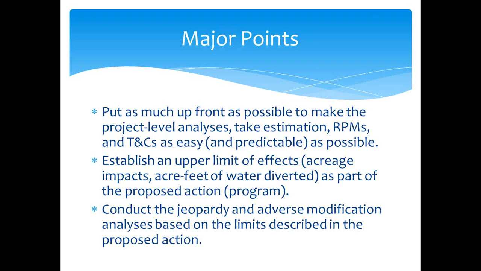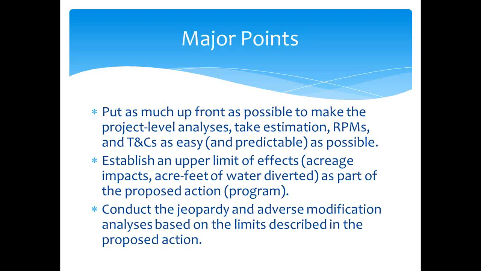We need to, as I said, a programmatic can't be limitless, unbounded. We have to have an upper limit of effects. Acreage, acre feet of water diverted, whatever the case is, established as part of the proposed programmatic action.